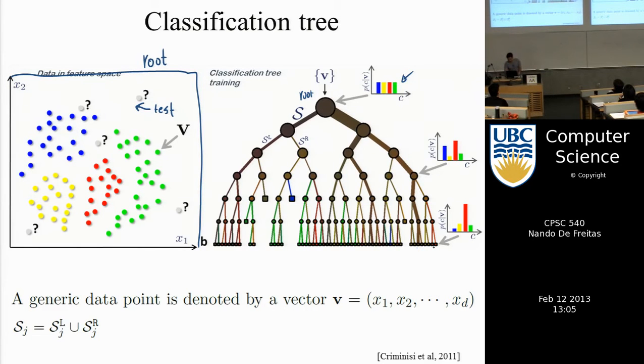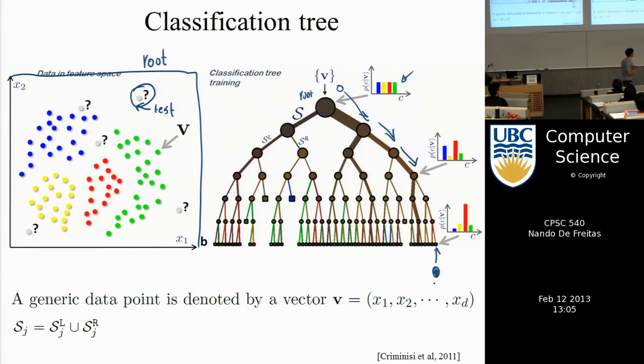In this case, if you take one of these gray guys and propagate it down the tree, and it ends up here, then all you can say is that that gray guy is most likely a red. Or in fact, you can say what the probability of the gray guy being red is, which in this case would be something like 0.8.